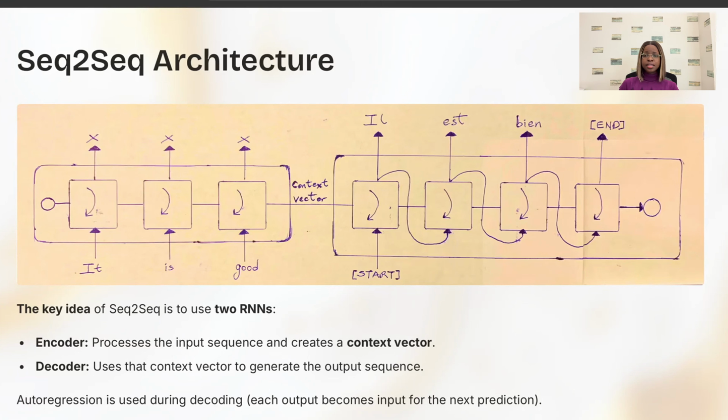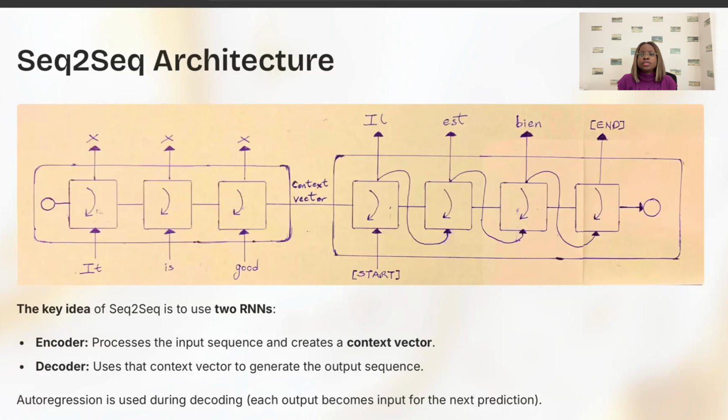So it processes the input sequence and creates a context vector. Now this context vector basically holds every single piece of information that this encoder has learned, from the very first input to the last input. So it carries all of this information and it gives it to the decoder.